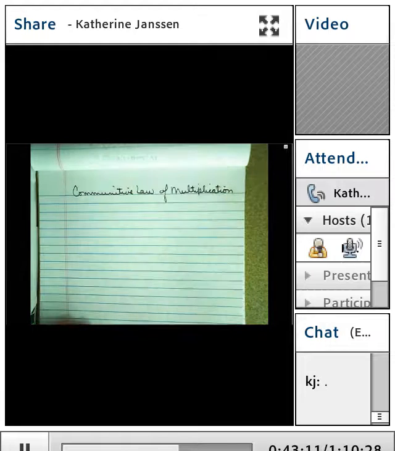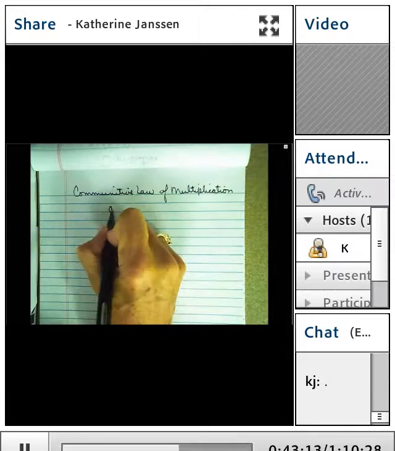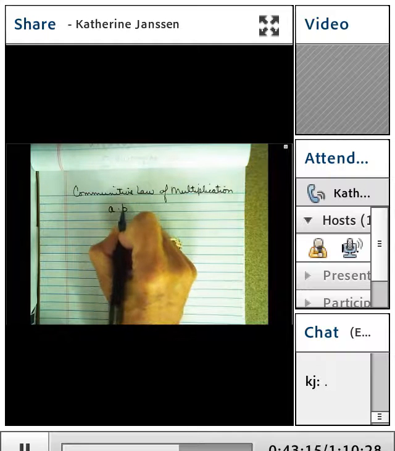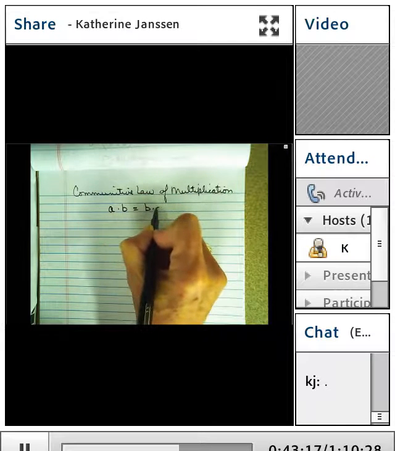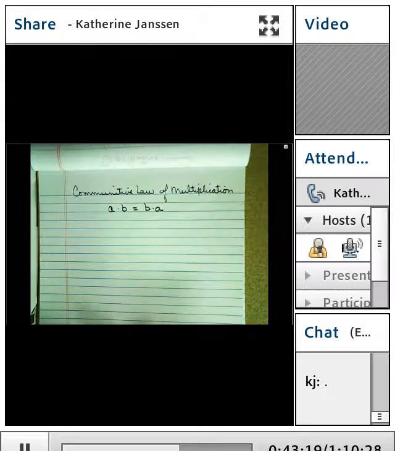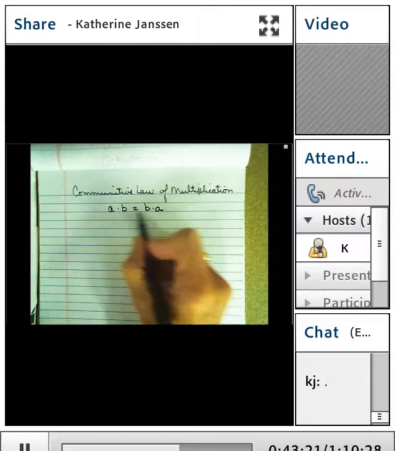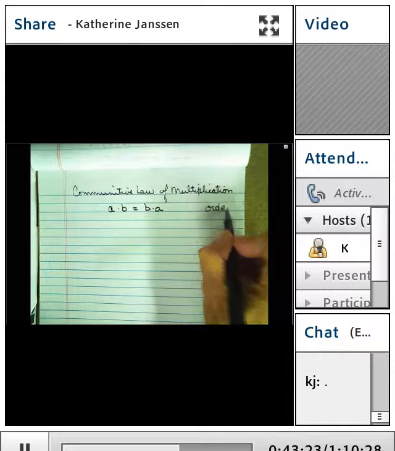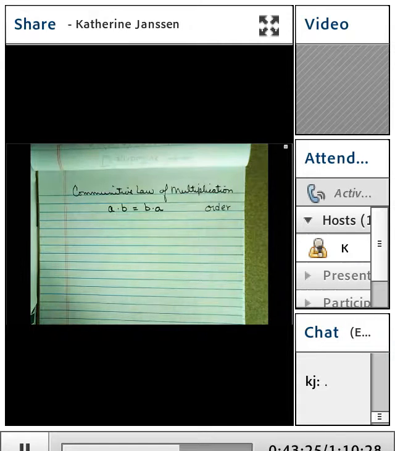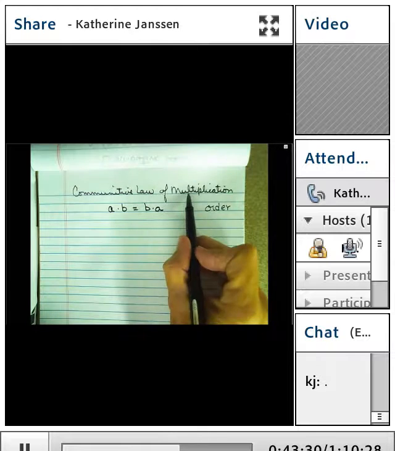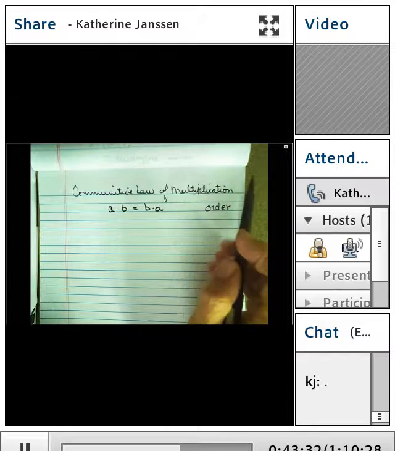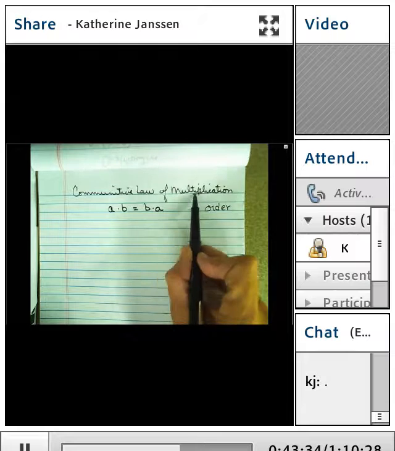The commutative law of multiplication says that A times B is equal to B times A. Now what happened? It looks like we changed the order. Now this is for multiplication. It doesn't say anything about division or subtraction. This is talking about multiplication.